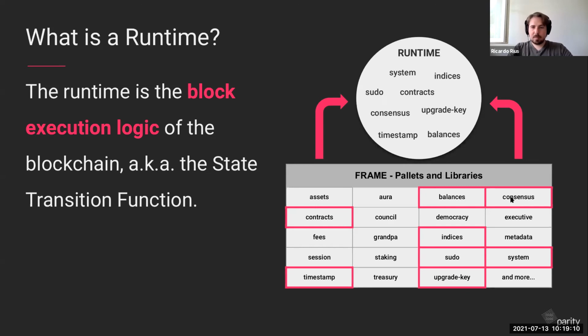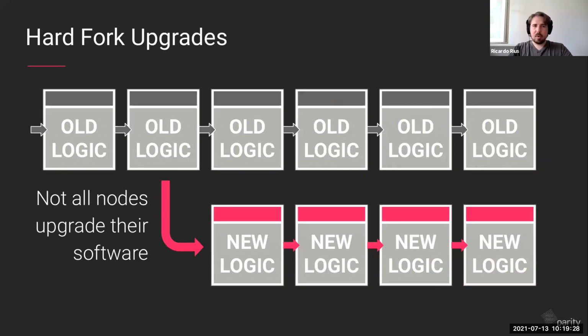We have contracts, balances, sudo, and different types of pallets, and based on all these pallets and how they interact with each other, we can even create our own and create the whole new state transition function of our blockchain. One of the important things about Substrate is that there are no hard fork upgrades. For Substrate, everything goes directly on one line.